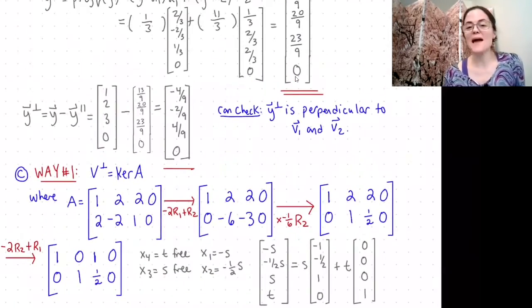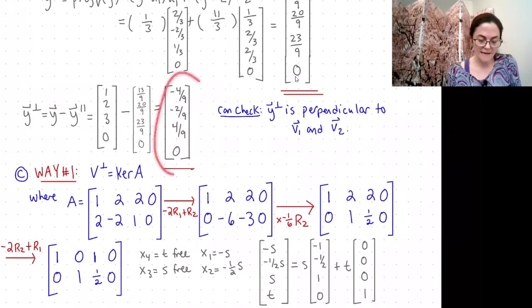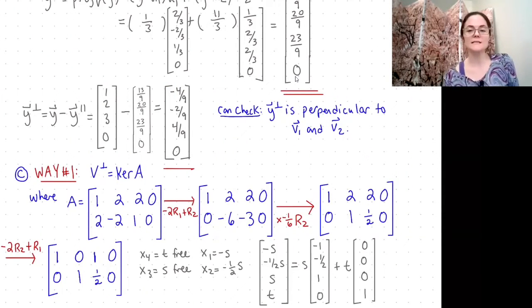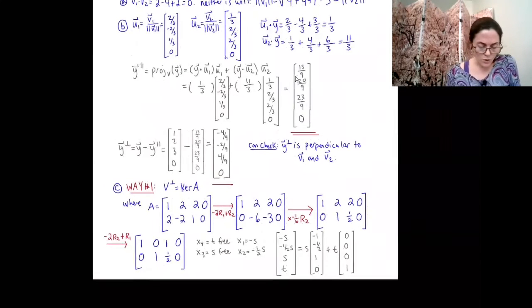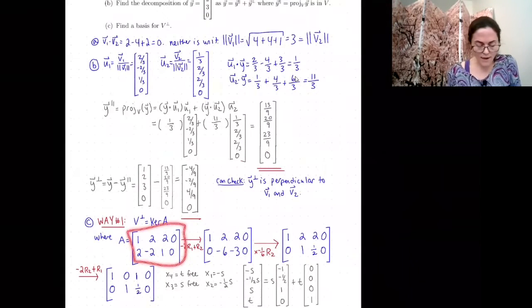Way 1 is the way I would go about this if I hadn't already done the work of part A and part B, where I was just handed this. And then the vectors that were in a basis for V just had zeros in one place, and I could easily find a second vector. And this way came up in homework, and this way will work always.